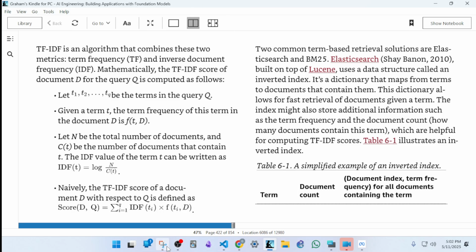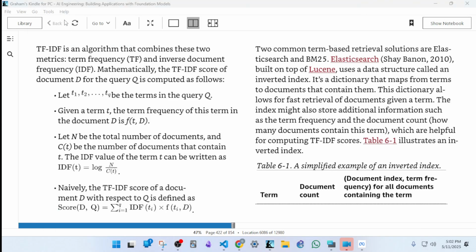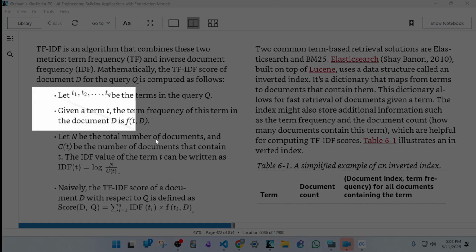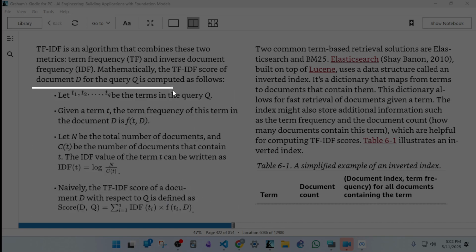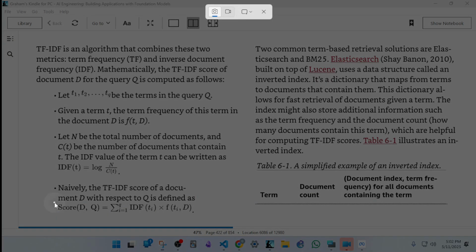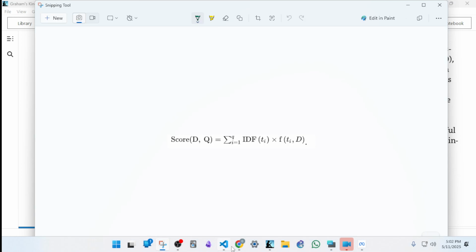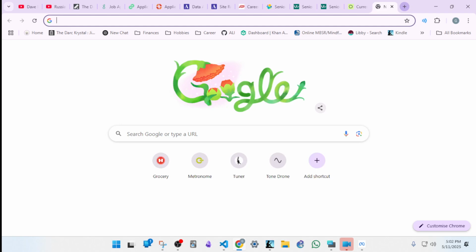And let's get a breakdown of that from the AI. Let's just have it unpack this equation into plain English. Let's see what that does.